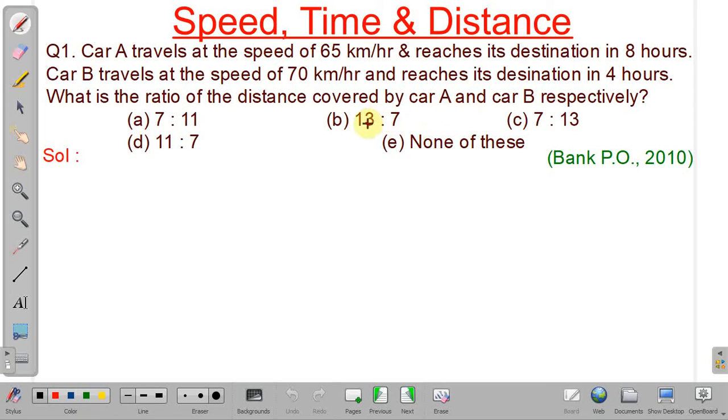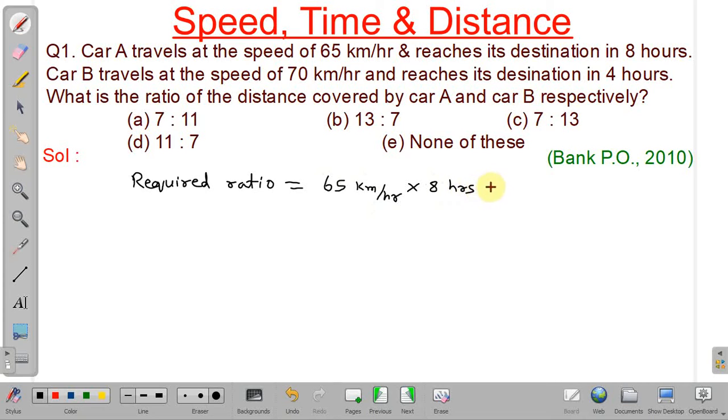Okay. So we have to apply a simple formula, distance equal to speed into time. So we can calculate the ratio. So required ratio will be equal to distance traveled by car A, that is speed of car A, which is 65 km per hour, into time, so 8 hours.